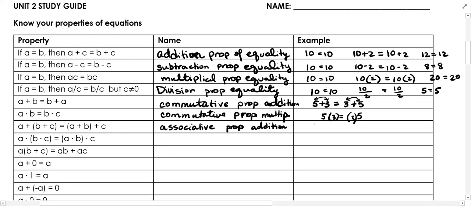So let's say that you have 5 and you want to add 3 plus 2. Is it really going to make a difference if you do 5 plus 3 first and then add the 2? No, it's not. You're still going to get 10 equals 10. And the same thing happens for multiplication.